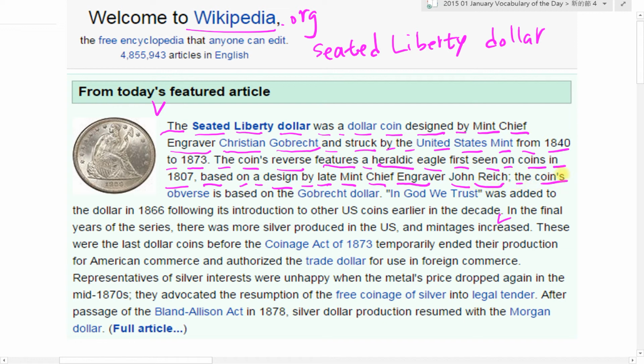The coin's obverse is based on the Seated Liberty dollar. In God We Trust was added to the dollar in 1866, following its introduction to other U.S. coins earlier in the decade.